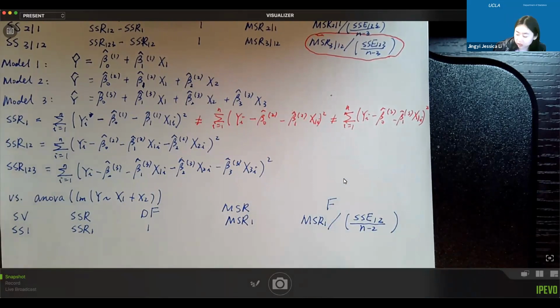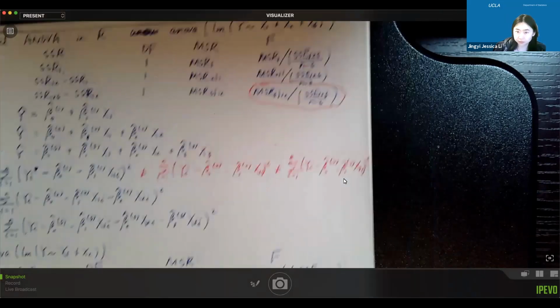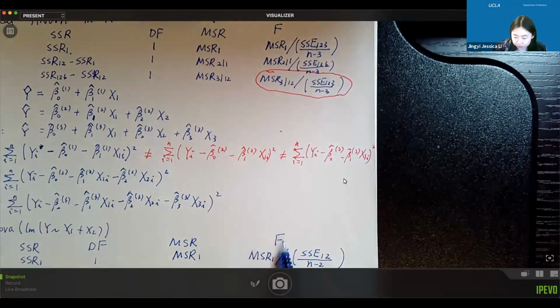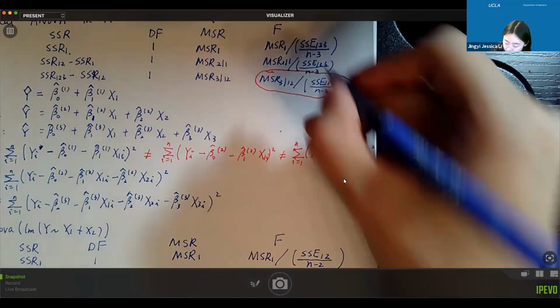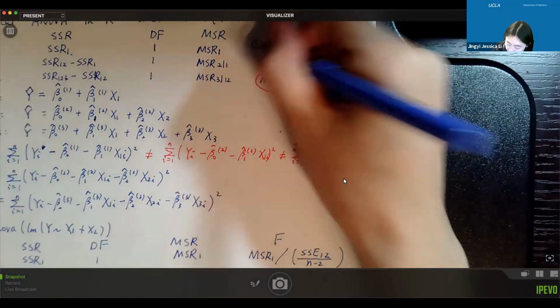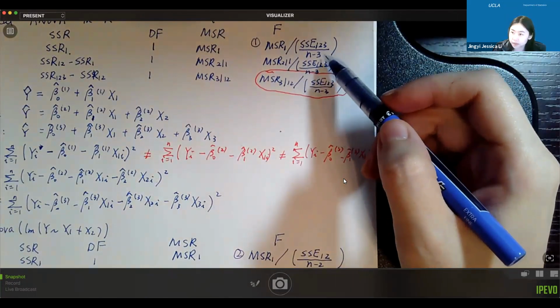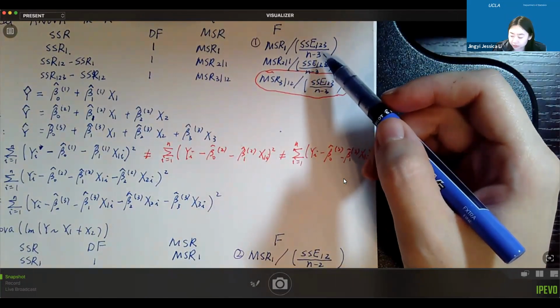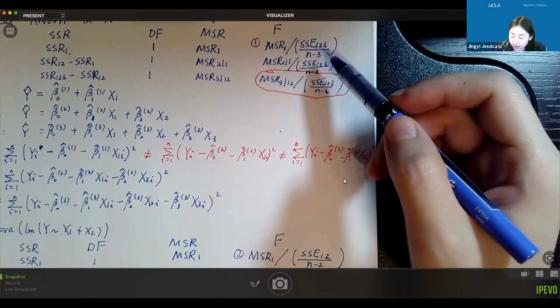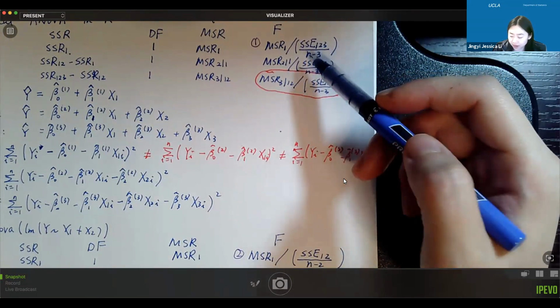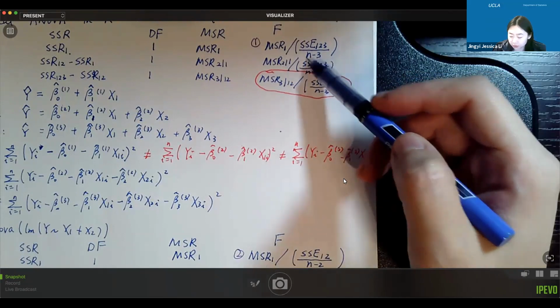So you see that these two F-statistics are different things. The difference lies in the denominator. The first one is going to estimate sigma square, the error variance, by using the residual sum of squares from the full model divided by the degrees of freedom in the full model.